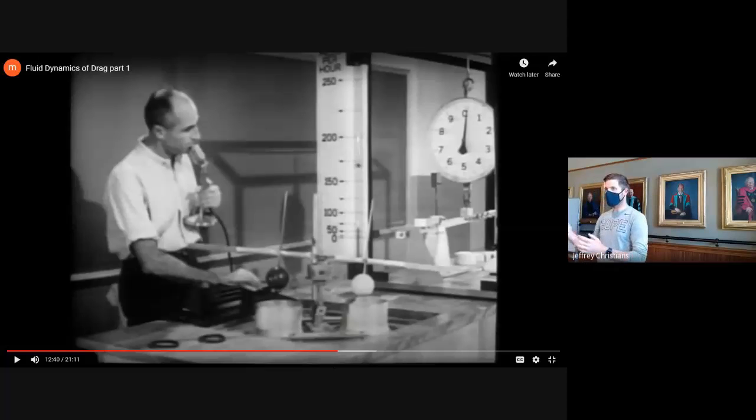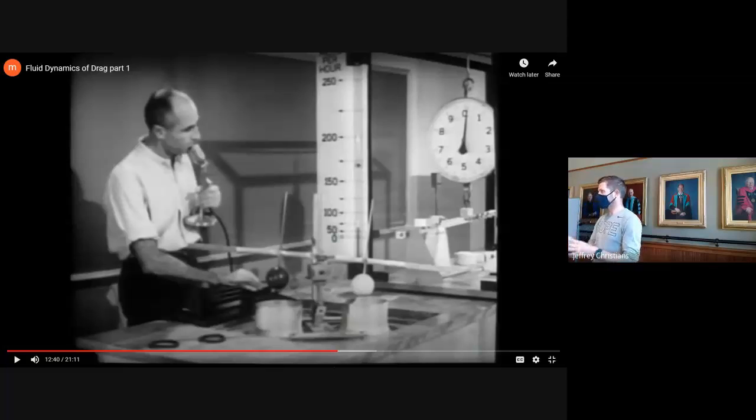And that soccer ball video that we watched, right? The reason that it matters so much exactly what the surface of your soccer ball looks like, or your golf ball, or your baseball, the reason all of those things have rough surfaces instead of smooth surfaces is because that surface roughness causes mixing at the surface, which delays boundary layer separation and you get a smaller wake.